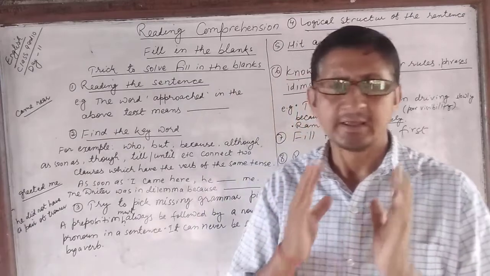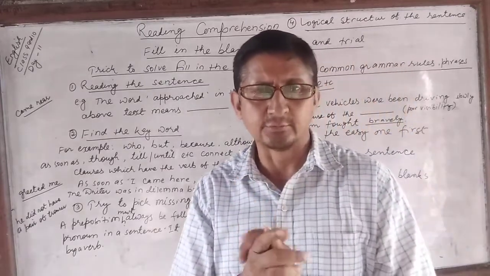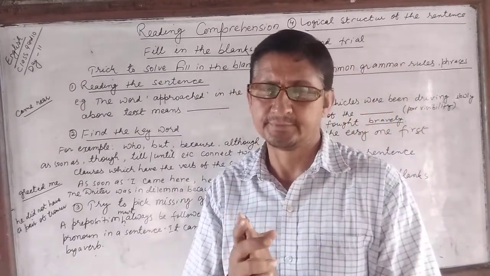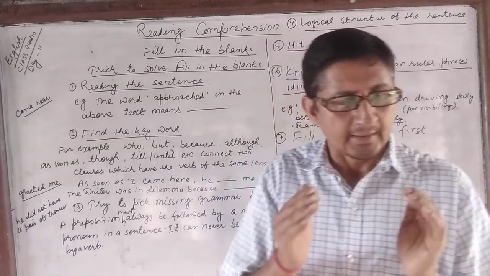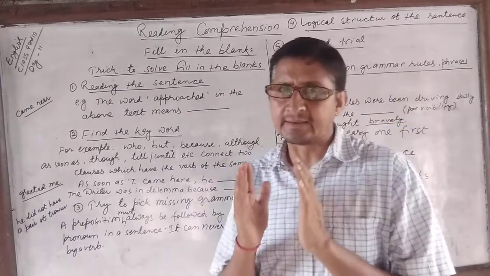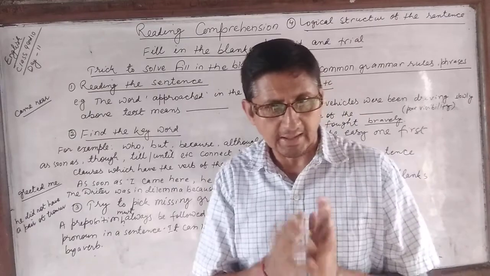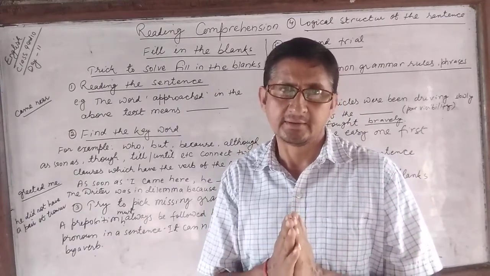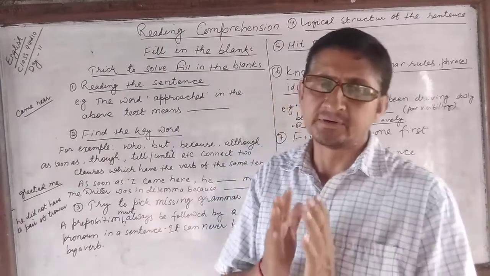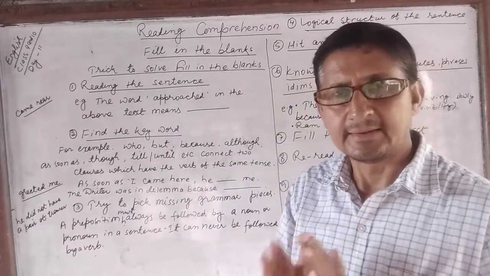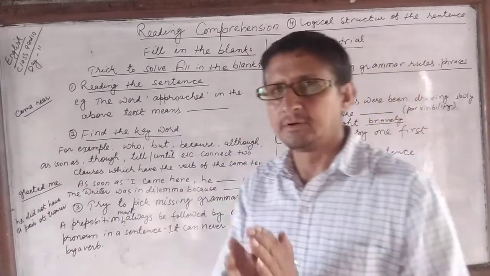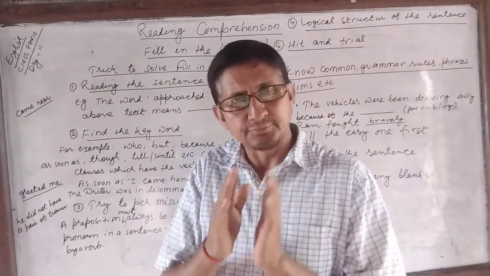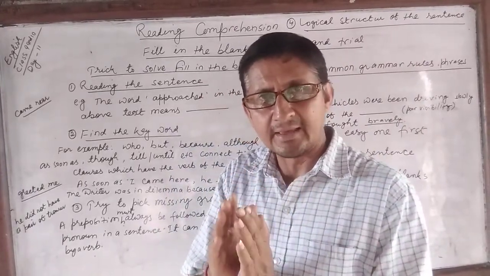Adverbs are the words that describe action words, that describe verbs. If the blank is qualifying a noun, then your answer should be an adjective. In this way, you have to know the common grammar rules, phrases, idioms to fill in the gap with the right words.